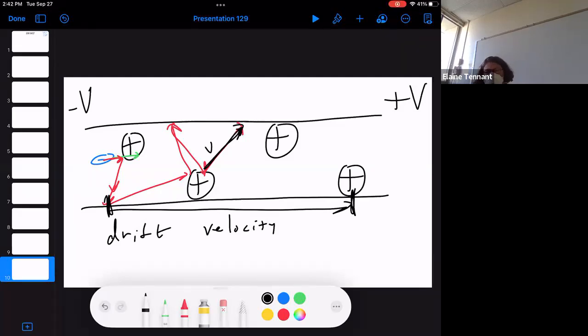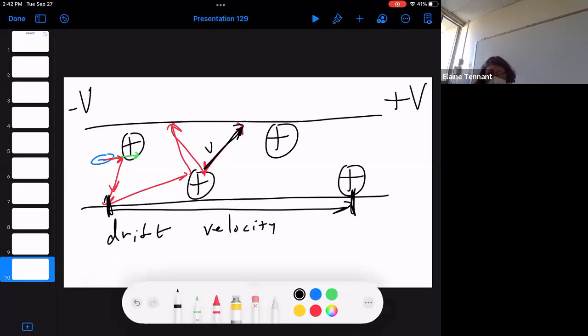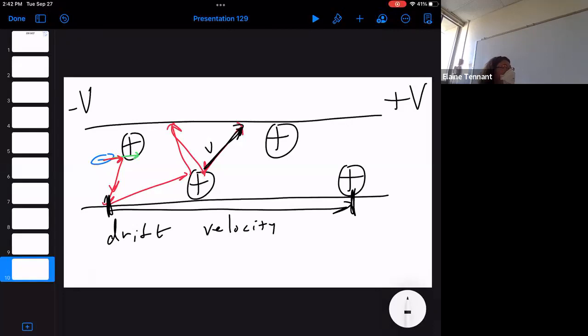And there's actually a lot that goes into drift velocity. That's a whole field of engineering in itself: I need to characterize drift velocities of different materials. But for us, let's just think about it as the actual velocity of a charge moving through a densely populated area.